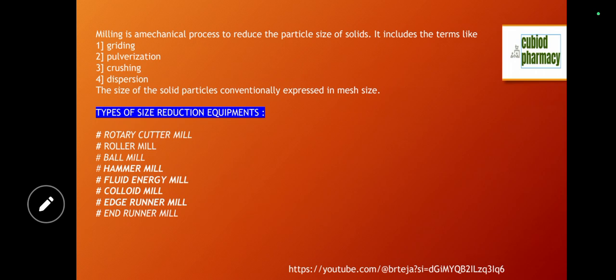So milling is a mechanical process, mainly depending on particle sizes, to reduce larger particles to less than a millimeter, micrometer, like that. Small particles are helpful through size reduction and the milling process.